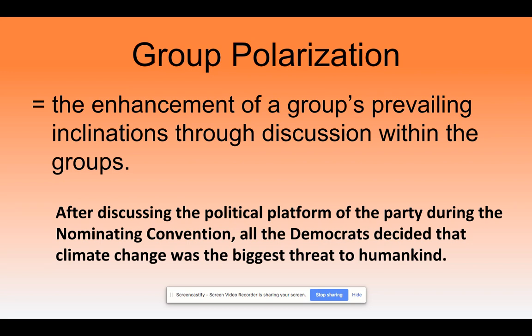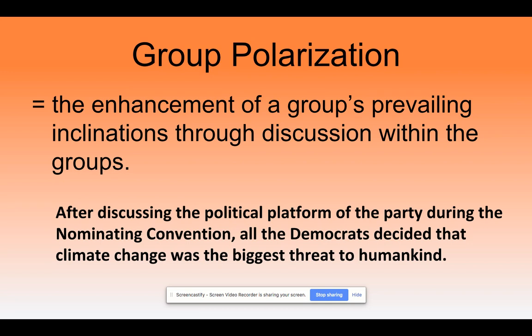But at these conventions, like any big meeting, they come up with some big ideas that everybody then has to vote on. And even though you, as an individual Democrat or an individual Republican, might disagree, the prevailing inclination of the group is always what gets put in the party's platform.